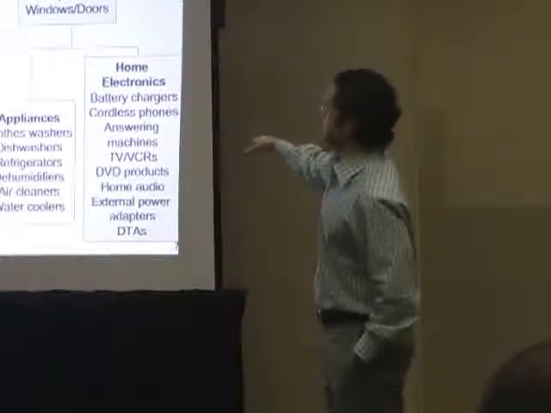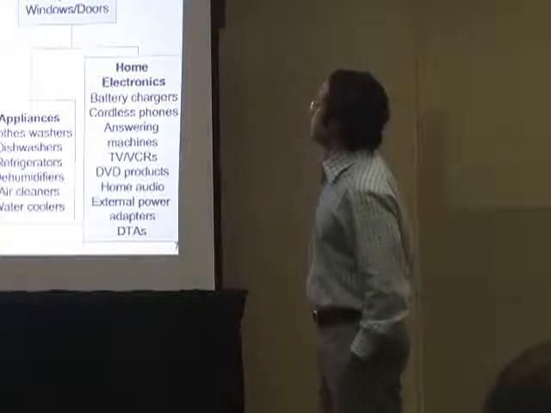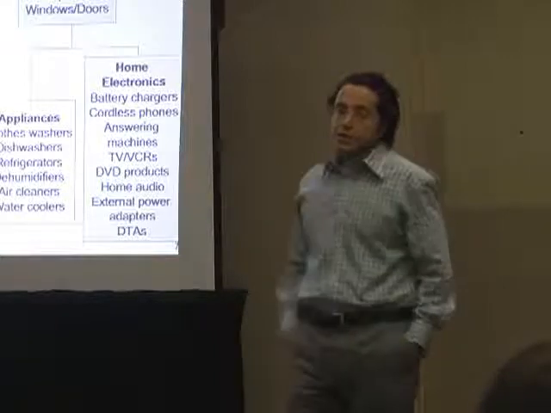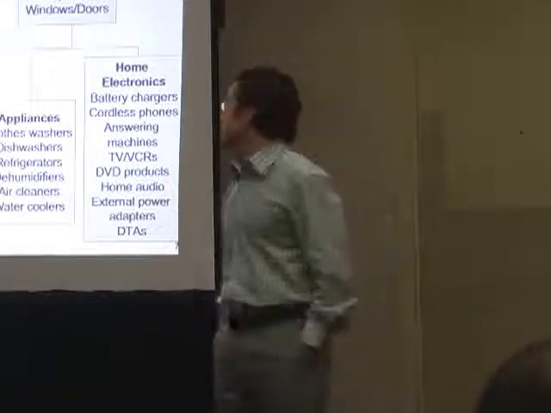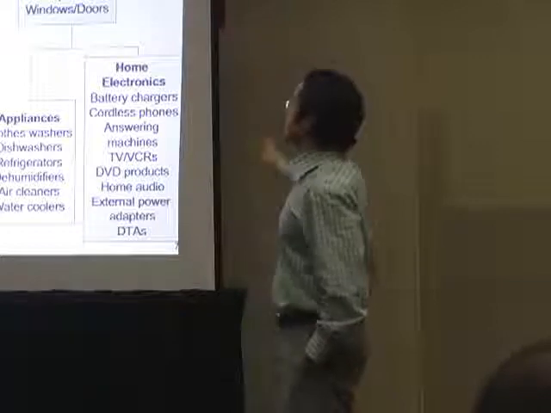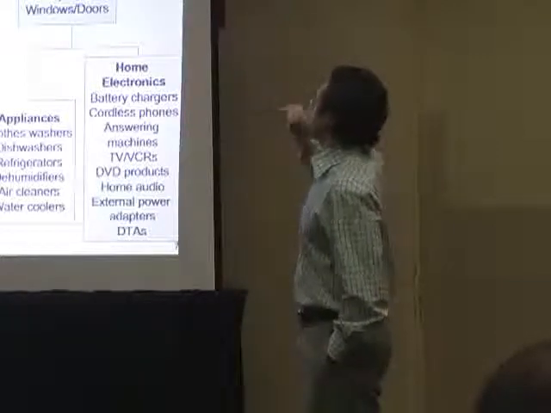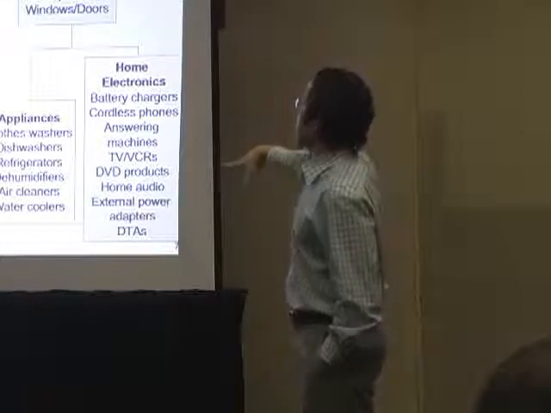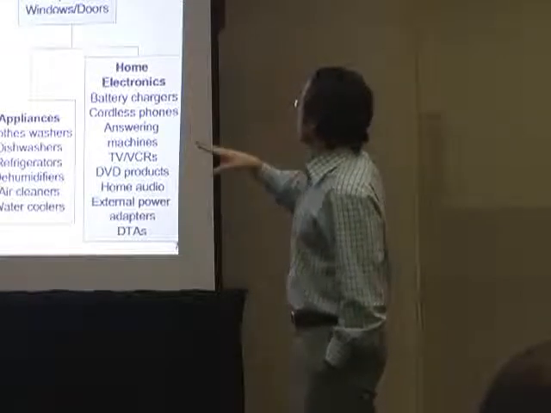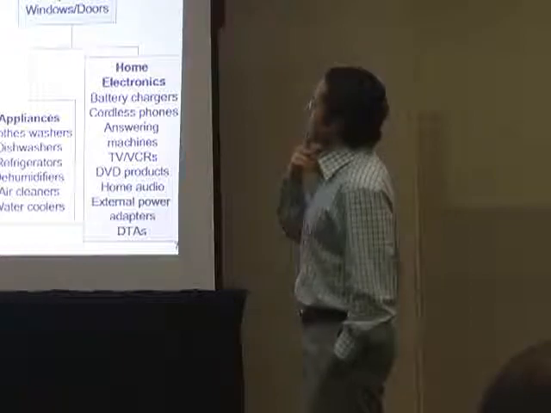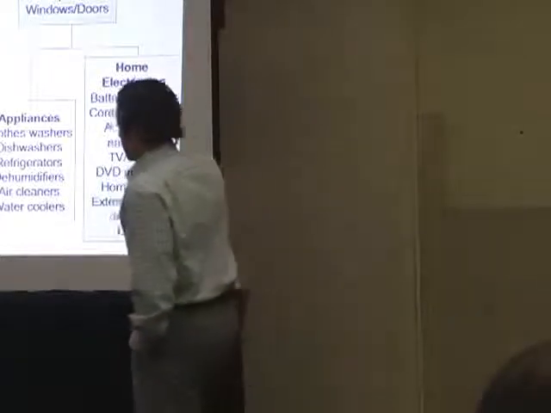This is probably not even exhaustive, but we probably have 13, 14 major categories of products, many different types of products in these various categories. And I think the one thing that probably makes sense, here's just an example.